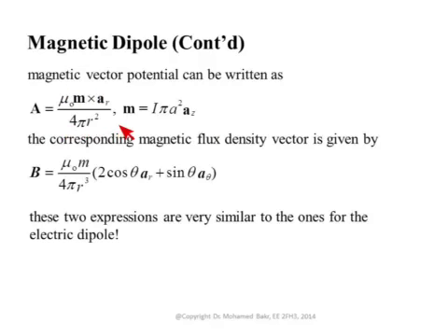This is the one that we have to observe: the resulting magnetic vector potential is mu naught over 4 pi r squared, times the magnetic moment of the loop, which is equal to I s multiplied by the unit normal to the plane of the loop, cross a_r. a_r is the unit vector pointing from the center of the loop to the observation point. And here in our case, of course, m is in the z direction.